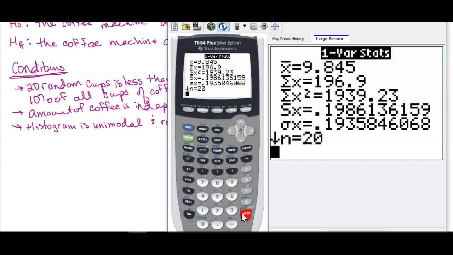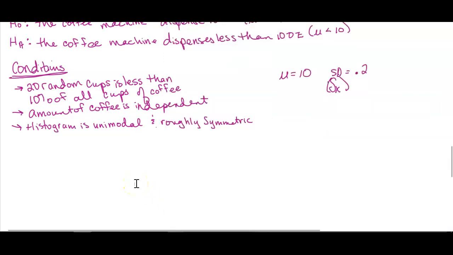We still have to adjust this. Okay, so it is 0.196, but then what we have to do is divide it by the square root of 20 to find the standard error for the sample. Remember, the standard error is s_x divided by the square root of n, so we still have to do that.